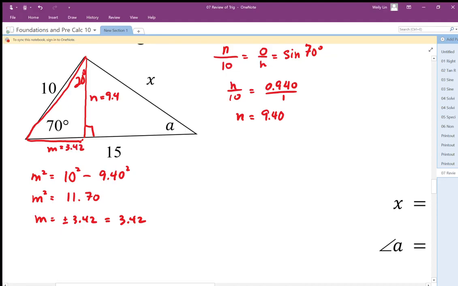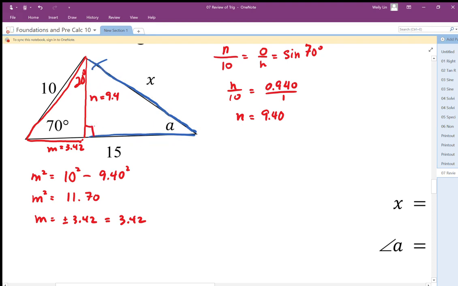Now I've solved the left-hand triangle. Now I have to solve the right-hand triangle, which has my x and my other angle, which I don't know. I only have the vertical side so far. So I have no angles, I don't have this side, I don't have this side.